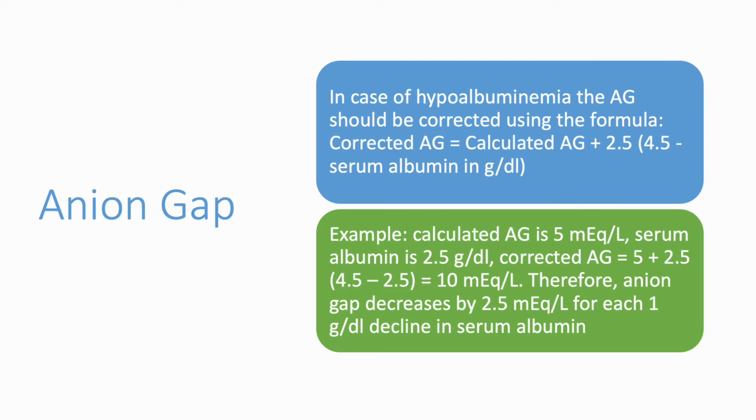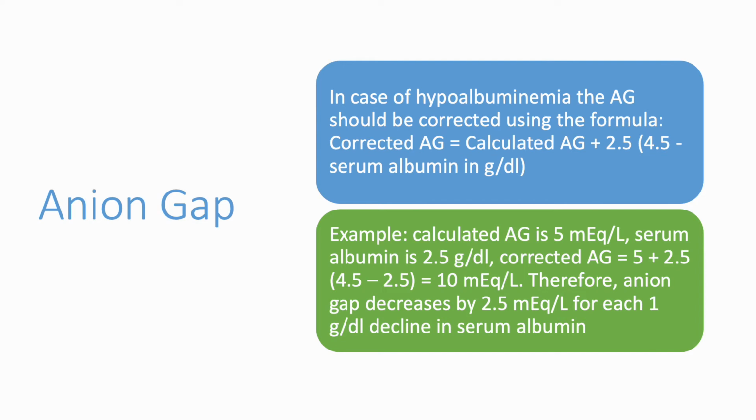Now, if you have low albumin, it's going to give you a low anion gap. For each 1 gram decline in albumin, the anion gap goes down by 2.5. So in other words, if you have an anion gap of 5 and albumin of 2.5, the decline in albumin is from 4.5 to 2.5, so it's by 2.